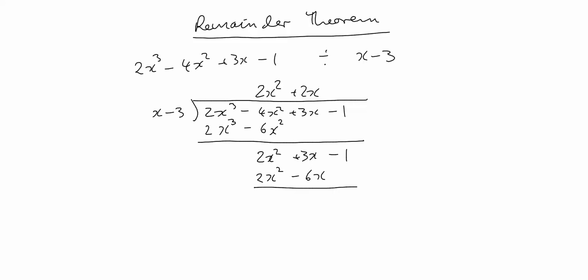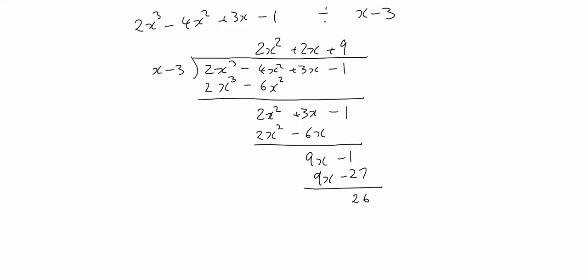Subtract again, 3x minus minus 6x is 9x, minus 1 minus 0, nothing, minus 1, and then x goes into 9x plus 9. 9 times x is 9x, 9 times minus 3 is minus 27, subtracting again, 9x cancels, minus 1 minus minus 27 is 26.